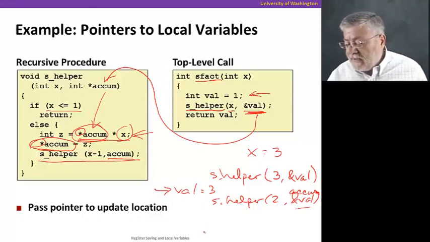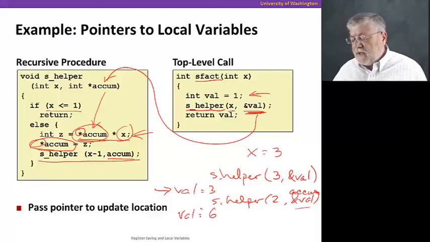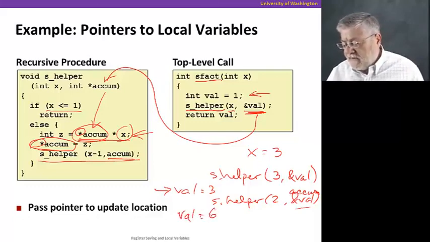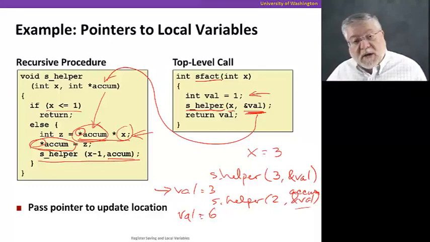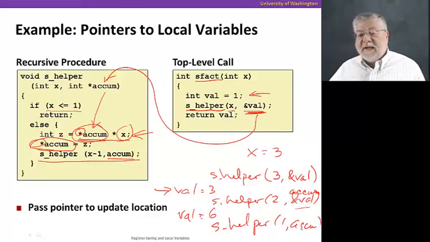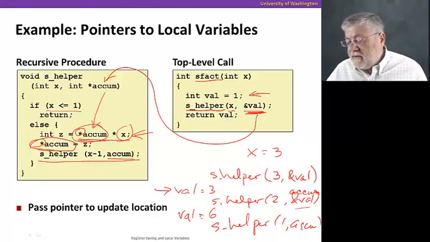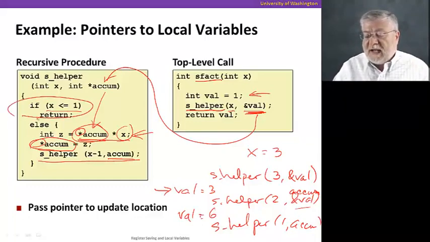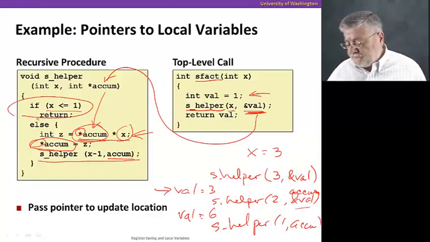So now we'll do 3 times 2 and put a 6 at that address of val. And the next time, shelper is called with 1 and the address of our accumulating product. This time, the procedure will just stop right away and return.